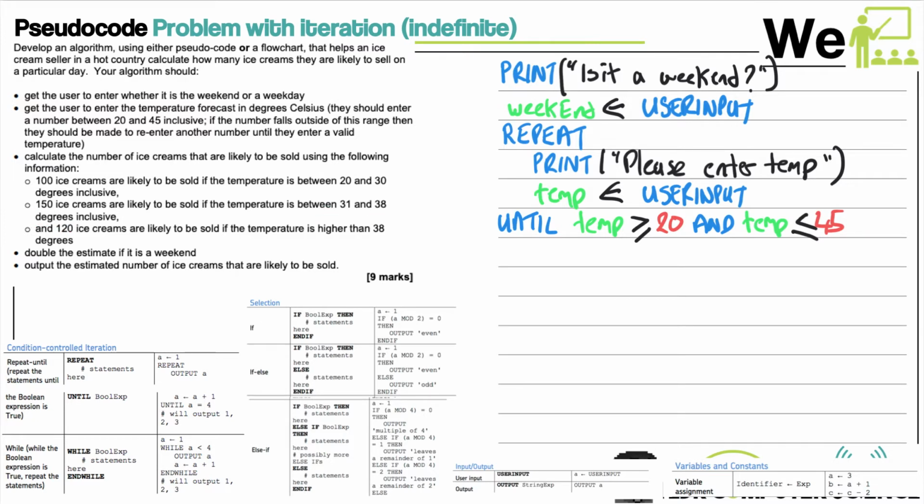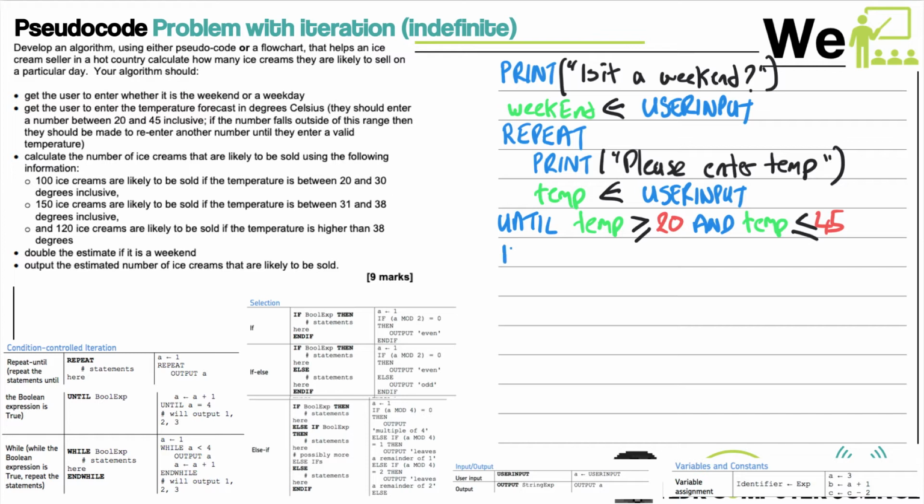And if it's higher than 38, then it's 120. So what we could do is there's 3 different outcomes. Now, if there were 2 outcomes, we could use a selection statement of if and else. In this case, because there's 3, we should use if, else if, and else.